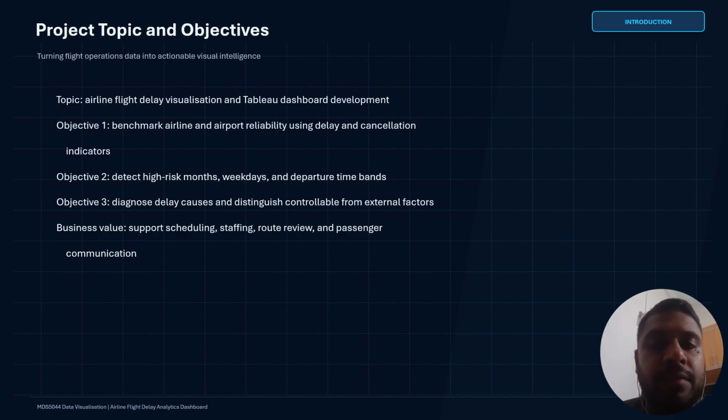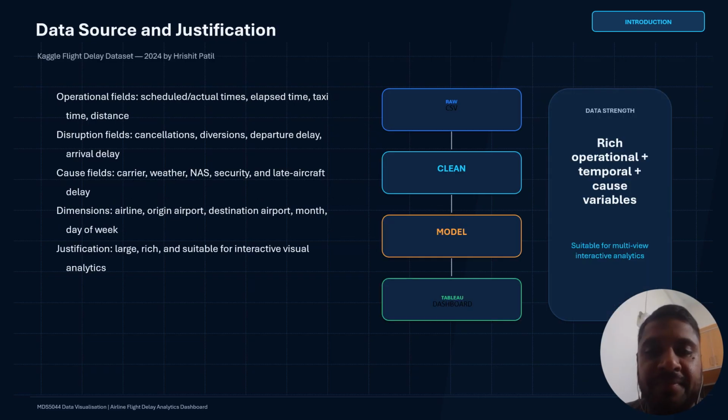The second objective is to detect high-risk periods by month, day of week, and departure time band, and the third objective is to diagnose delay causes such as carrier delay, weather delay, NAS delay, security delay, and late aircraft delay. These objectives make the dashboard useful for operational decision making.